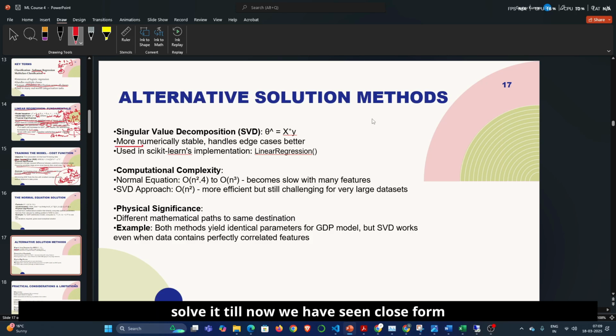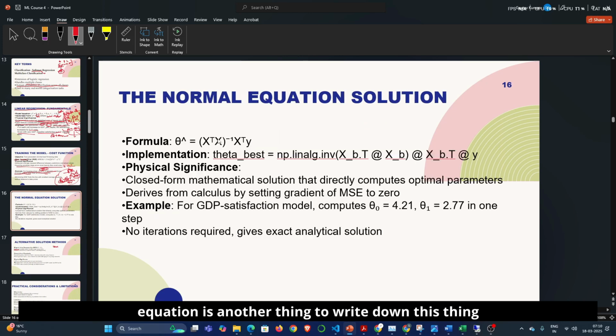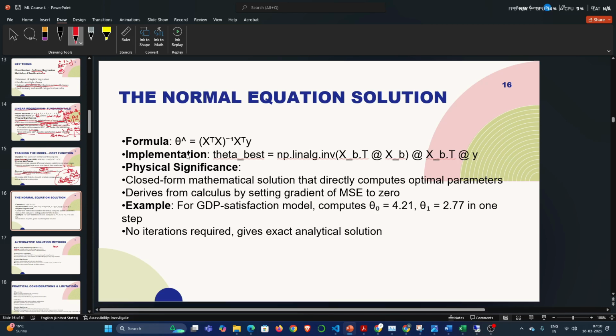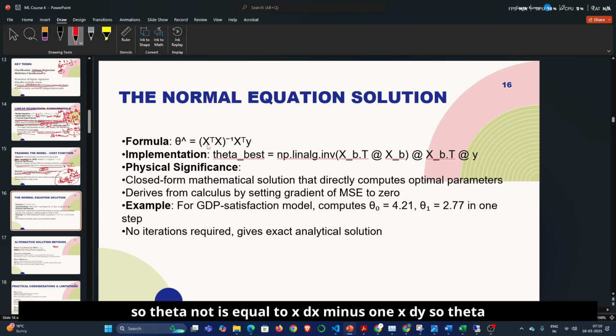Till now we have seen closed form. I think I missed the normal equation. Yeah, so normal equation is another way to write this down.